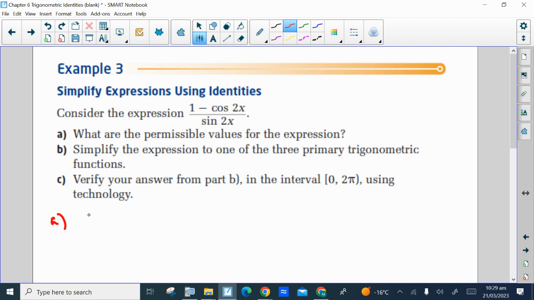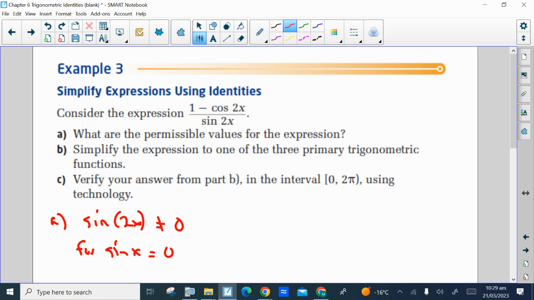Non-permissible values, remember, come from the denominator. Our denominator is sine 2x. Sine 2x cannot equal 0. So to find out where sine 2x equals 0, let's find first where sine x equals 0, and then we'll work from that towards the answers for sine 2x equals 0.